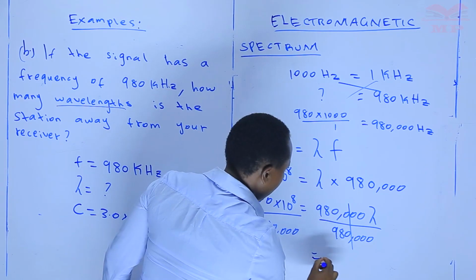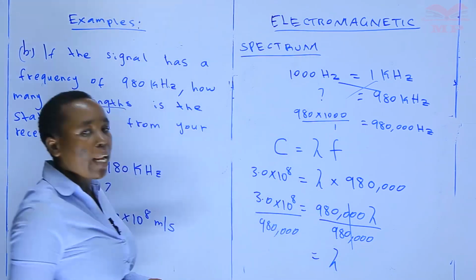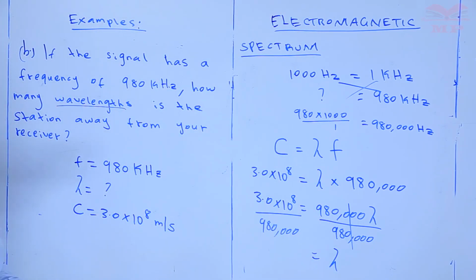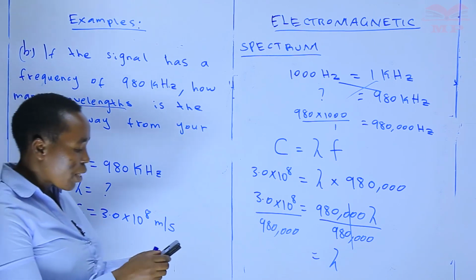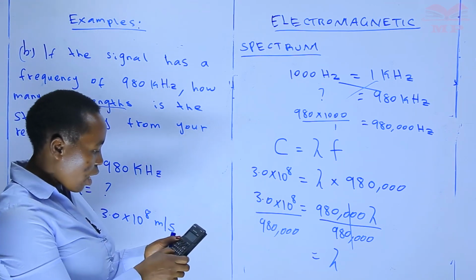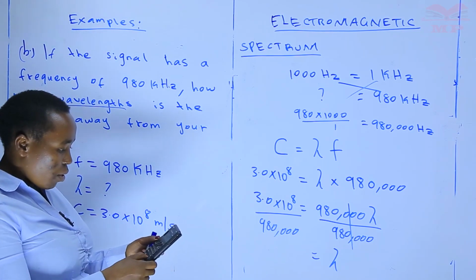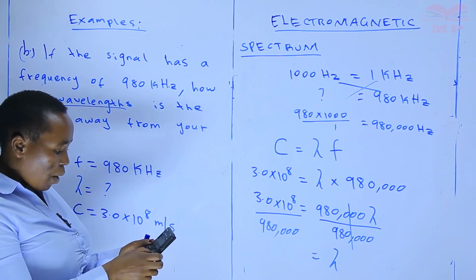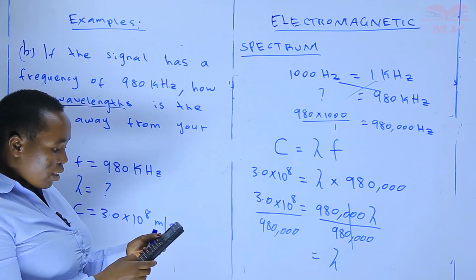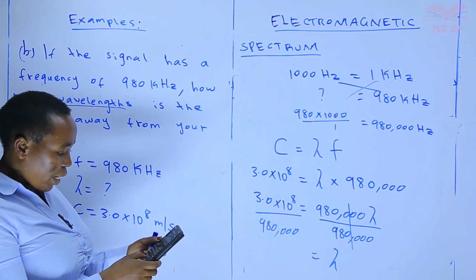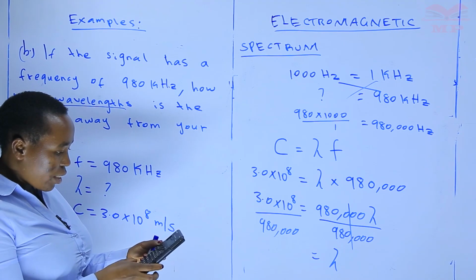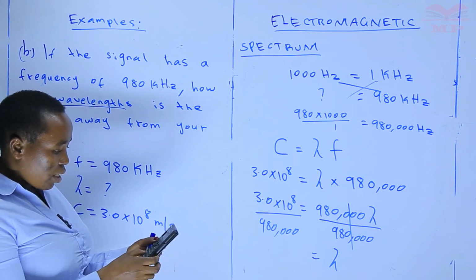So we end up getting our lambda, which is the wavelength. We can now divide using our calculator. 3.0 multiplied by 10 power 8, then divided by, open the bracket, 980,000.